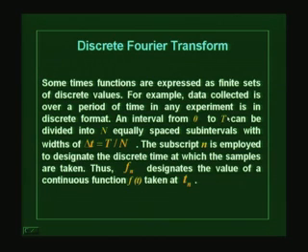We have this data collected, equal spacing delta t is T by n, and then how do we compute the Fourier transform of this.